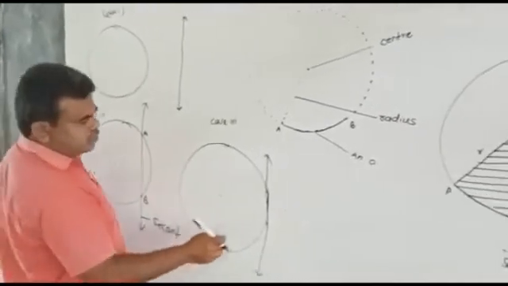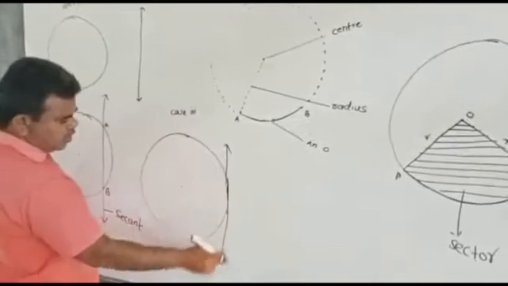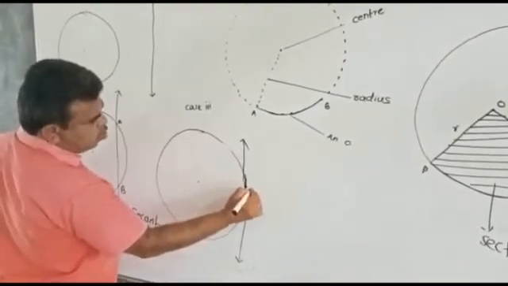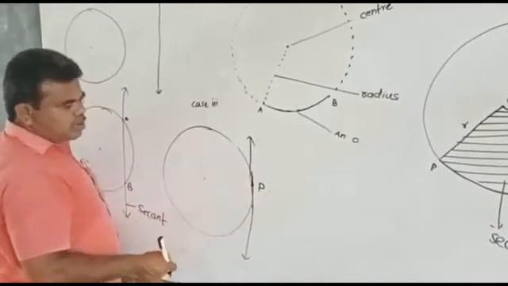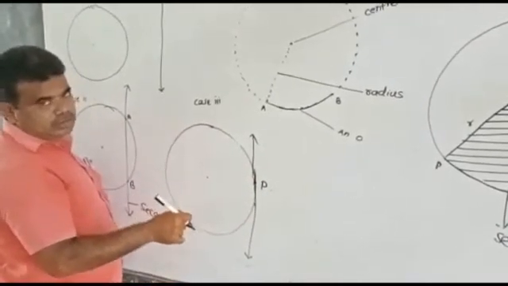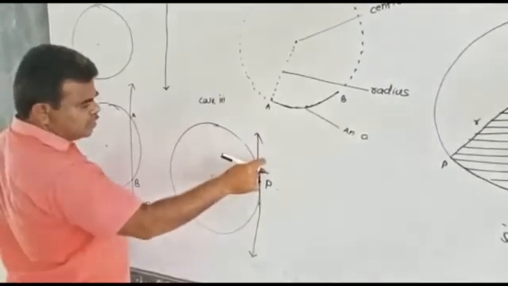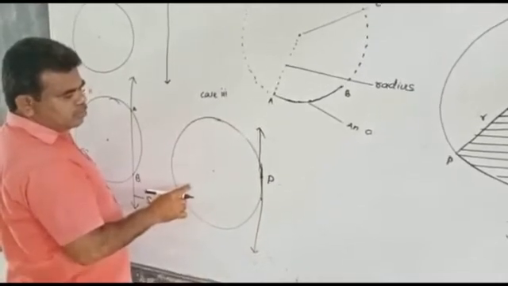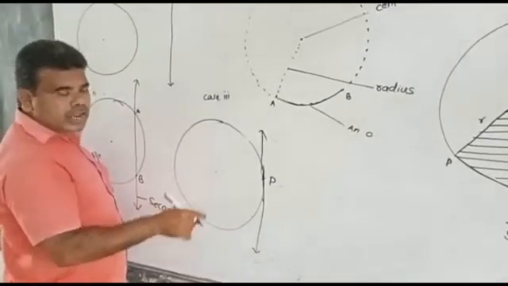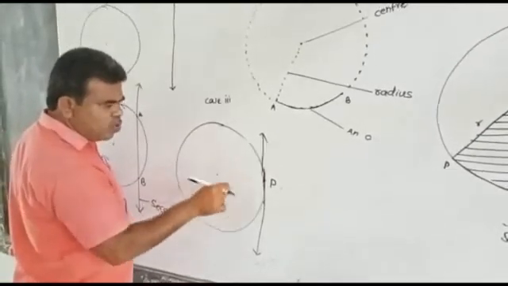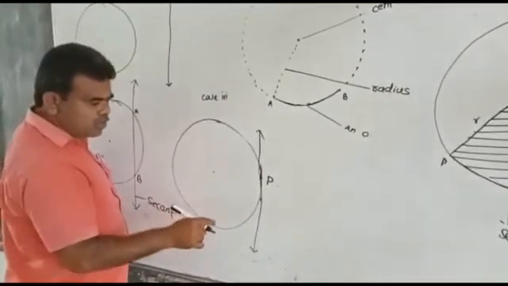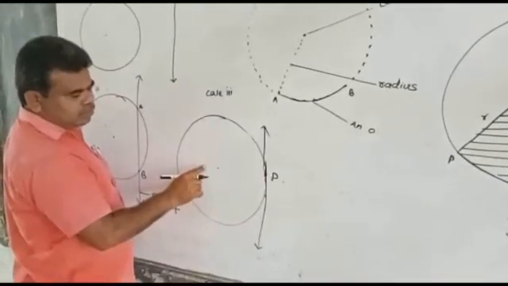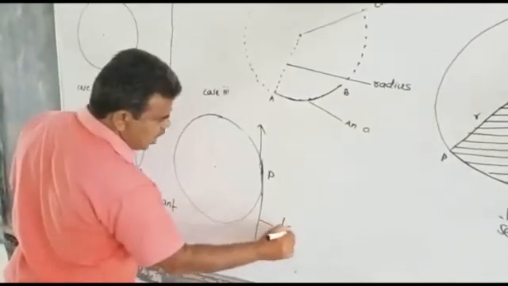In the third case, the line intersects the circle at point P. That means at one point, this line is known as a tangent to a circle. If a line intersects the circle at one point, it is called a tangent to a circle.